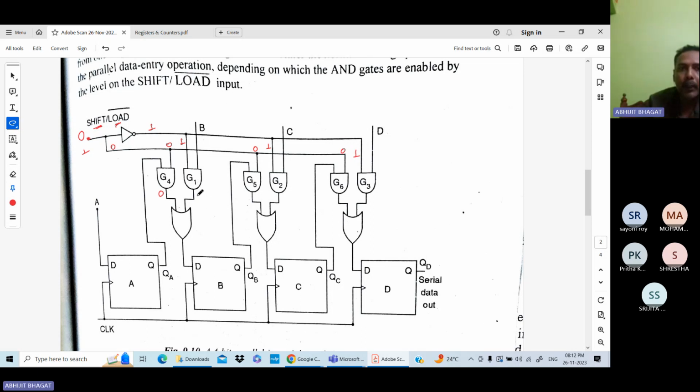So here the output is what? 1 into this B. So this B means what? Your data, it is either 0 or 1. तो अगर डेटा 0 होगा तो 0 into 1, 0. अगर डेटा 1 होगा तो 1 into 1, 1. So here when it is connected to this point, here across this you are getting the data. Clear or not?